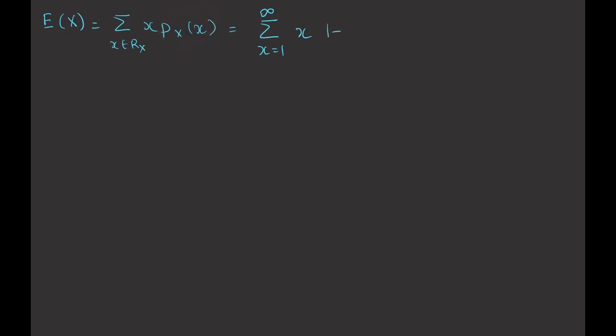It is just 1 minus p to the power of x minus 1 and then multiply with p. And what do I do next? In this summation, the term p is not related to x, right? This term is x, so obviously it is related to the variable x here. Similarly, for this term, it is to the power of x minus 1, so it has the term x. Only this one does not involve the term x, so you can pull it outside the summation.